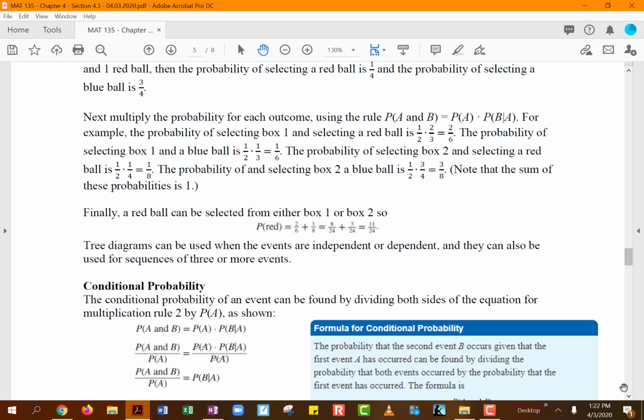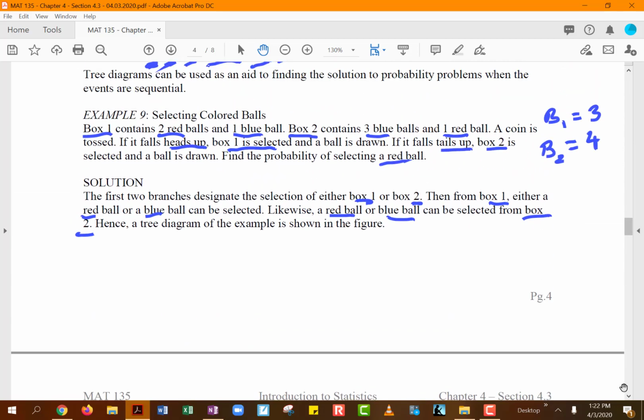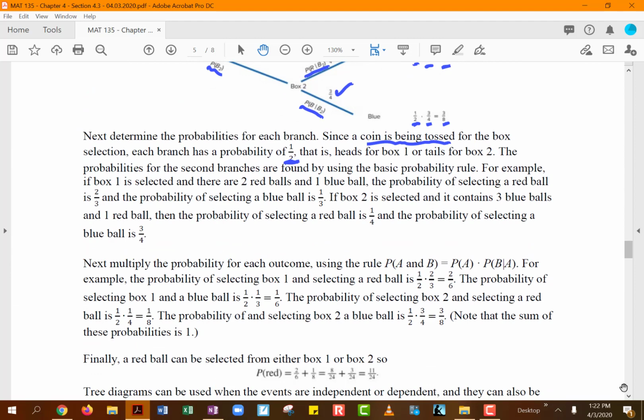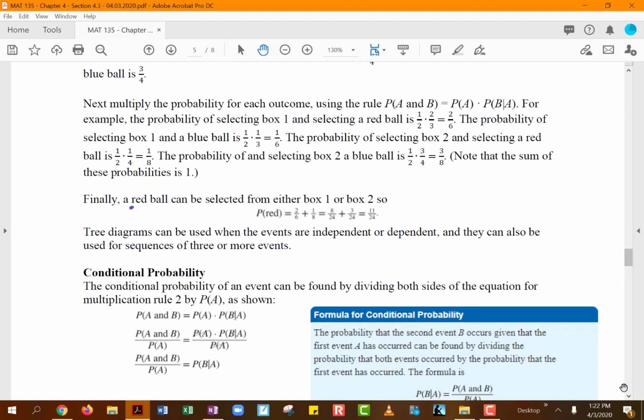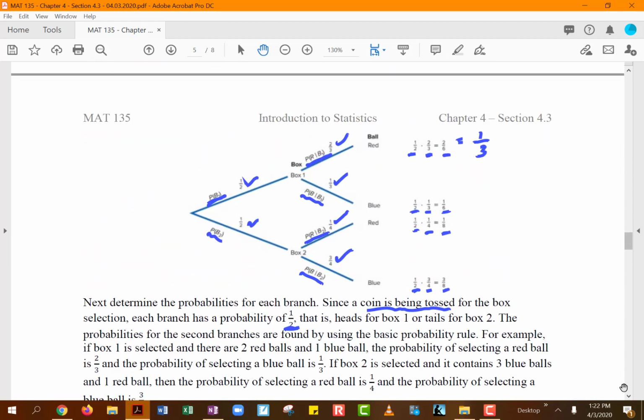Now let's come back to our final question. They're asking us, what's the probability that we end up selecting a red ball? So the probability of selecting a red ball either from box 1 or box 2, that's the probability of red, and this is going to come from right here.